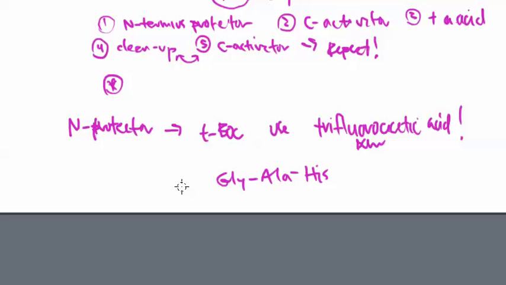So that is how we have some kind of control over protein formation and making protein in the lab. It's a very complicated procedure. There is an automated process called automated solid phase peptide synthesis that we can actually do in the lab.